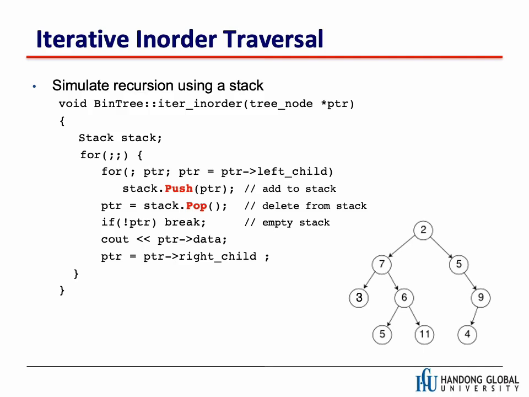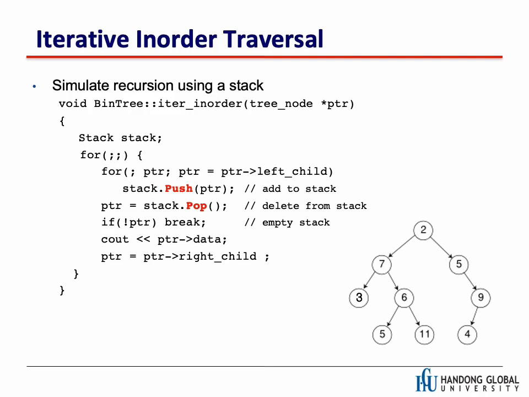If the stack is empty, then PTR will be null, so we will break. Now PTR is pointing to 3, so we print out 3. Then PTR moves to the right child, which is null. Then we go back to the top of the first for loop.